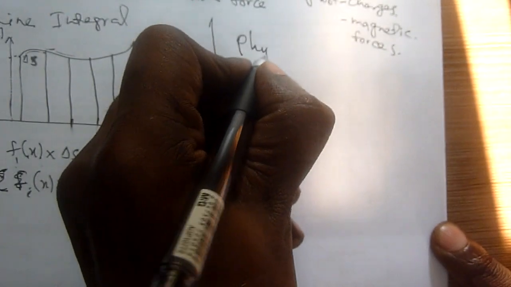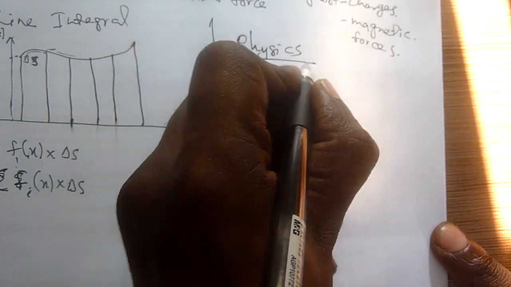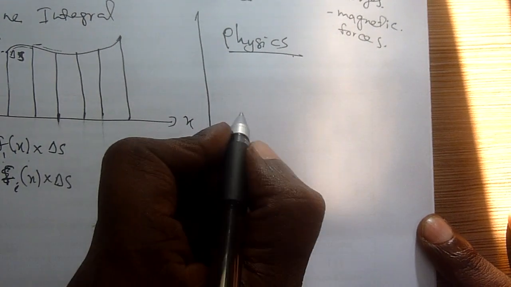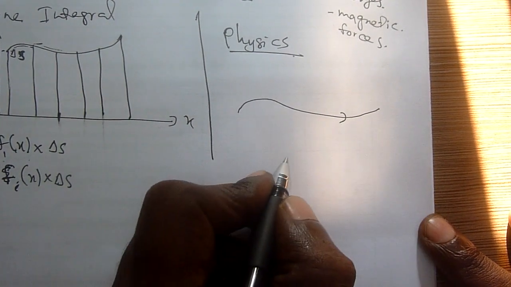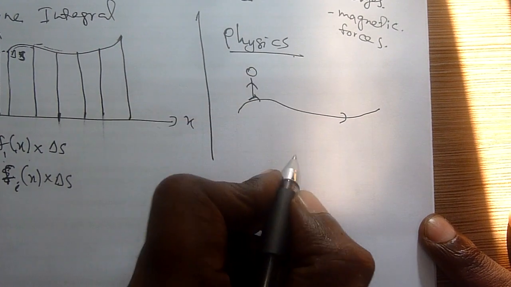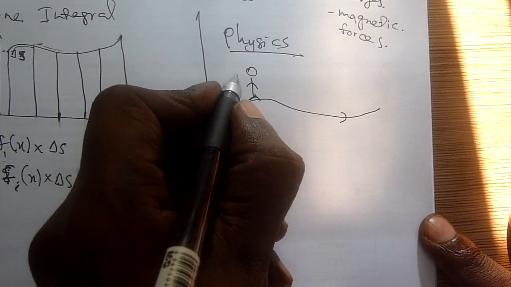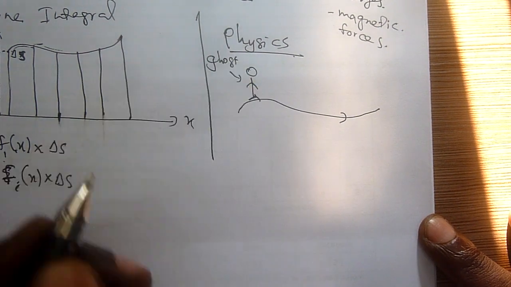The physics that we're going to introduce here, in this case, is a man walking. Imagine later I'm going to call this man a ghost. Let's say this is a ghost.